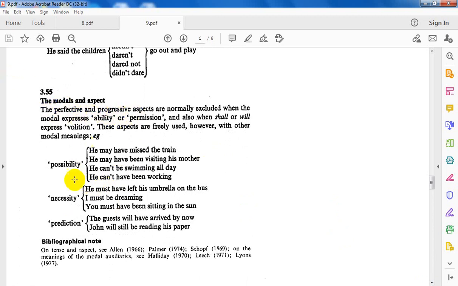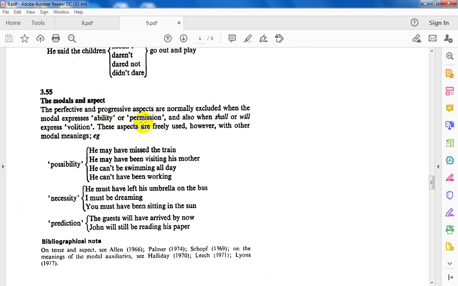In this section, we are going to see what aspects can come with the modals. Are they used with all aspects, simple or perfect or progressive, or are they restricted to certain aspects according to their uses? The perfective and the progressive aspects are normally excluded when the modals express ability or permission.